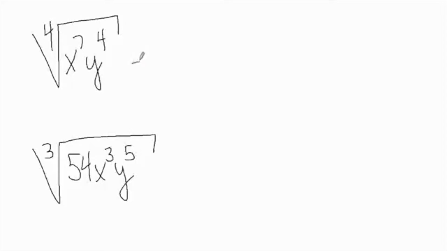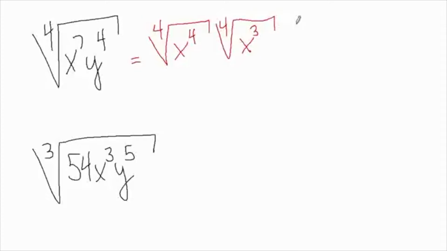Okay, I'll go ahead and do it as well. So I can rewrite this as the 4th root of x to the 4 times the 4th root of x cubed, and also the 4th root of y to the 4.